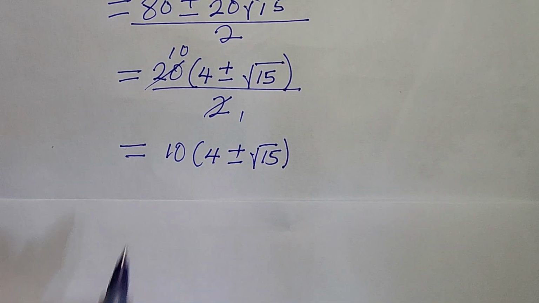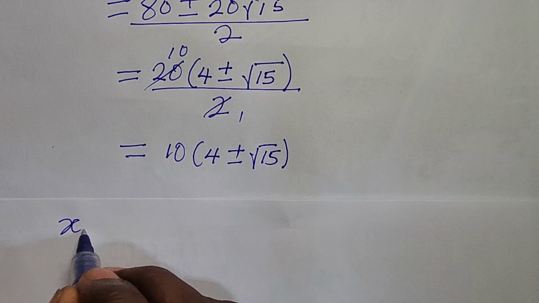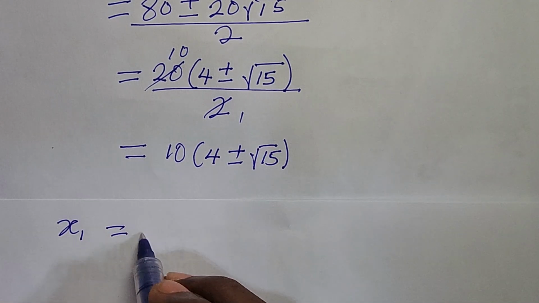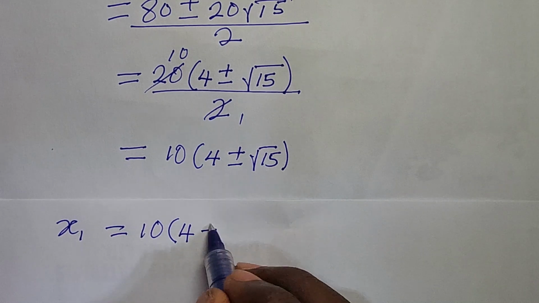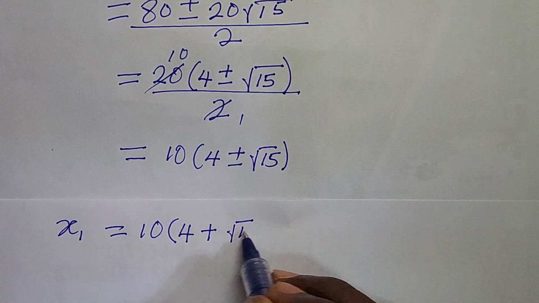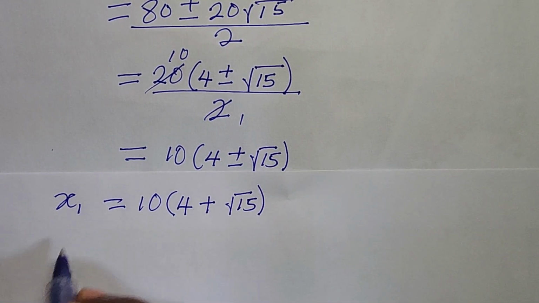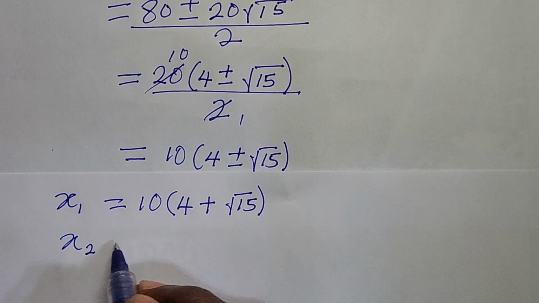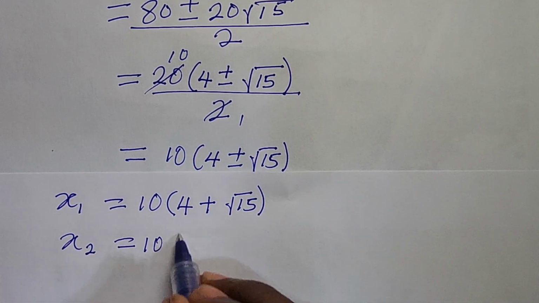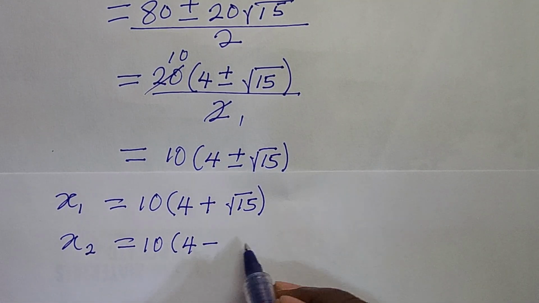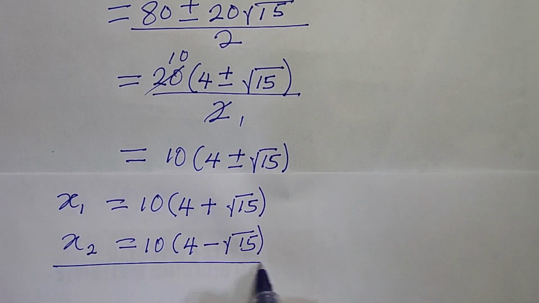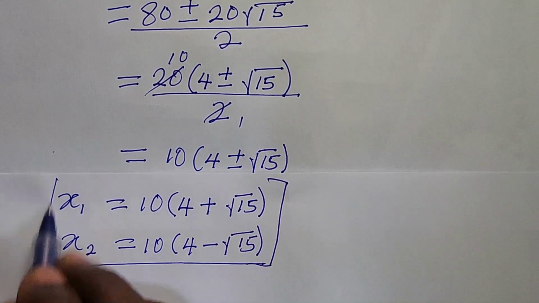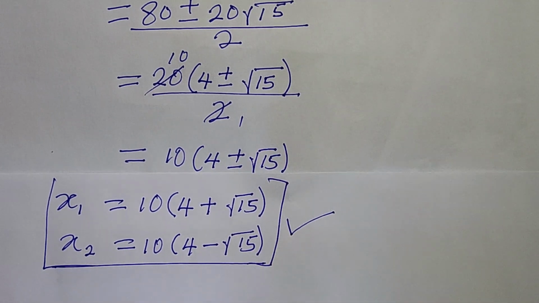So here, we have x1 equal to 10. For the first one we take the positive, so we have 10 into 4 plus the square root of 15, close bracket, and for x2 we take the negative, which is 10 into 4 minus the square root of 15. Okay, so let's keep these two roots.